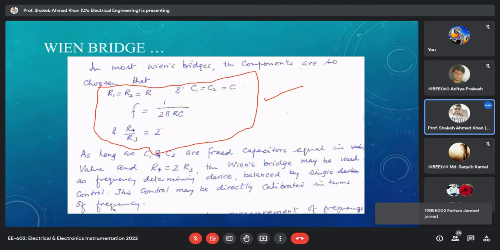You see, what is the meaning of this? How will you interpret or decipher this expression?